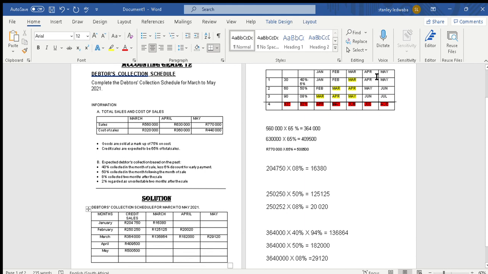Then we are going to April. On April we are collecting April and May. We don't have June on our budgeted months, right?